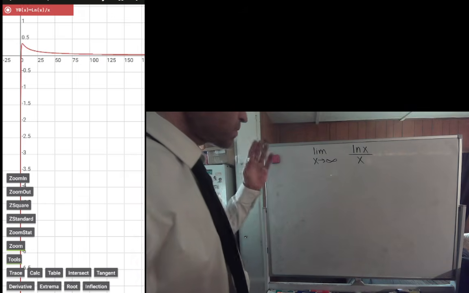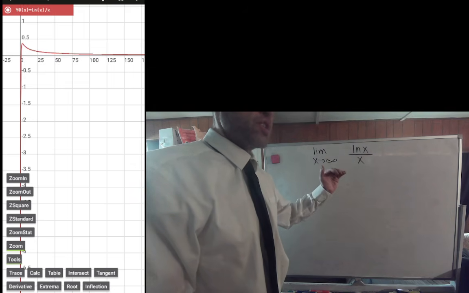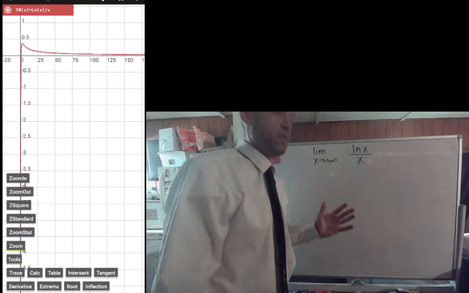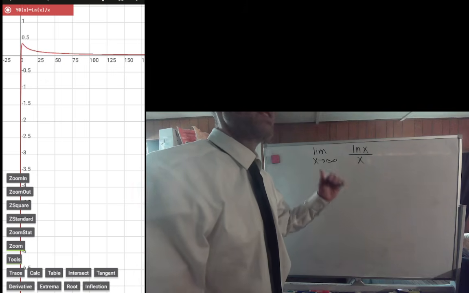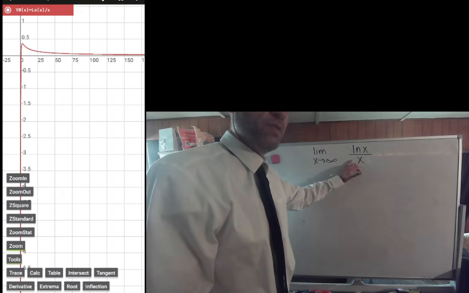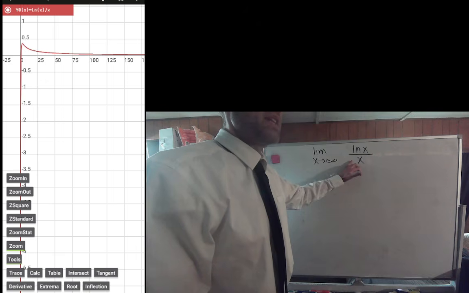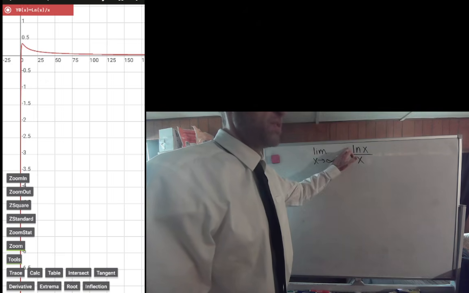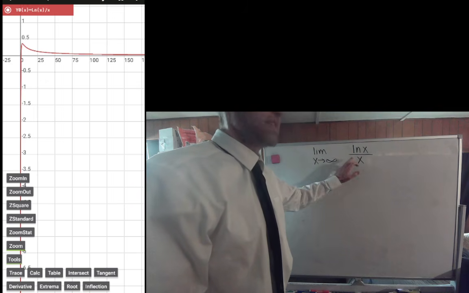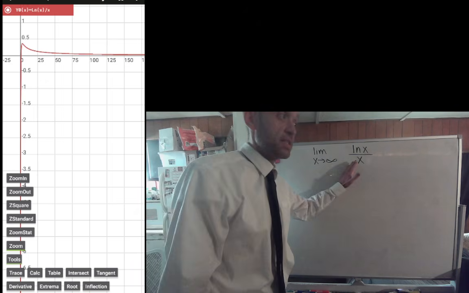Well, if you notice the general graph of your logarithmic function, generally speaking, the natural log of x, or any logarithmic function of x, is increasing at a slower rate than x itself. For example, if you take the natural log of 2, that value is less than 2 itself. If you take the natural log of 8, that's less than 8 itself. The natural log of 100, it's less than 100 itself.